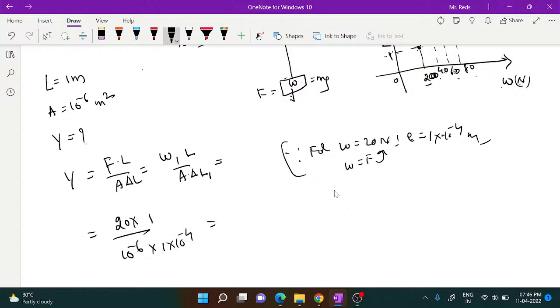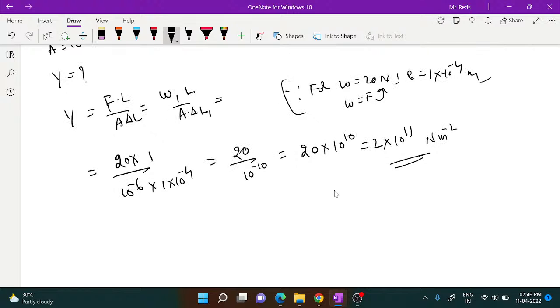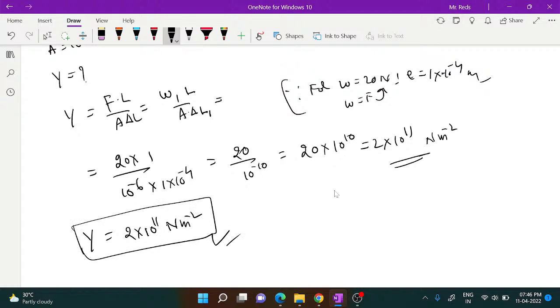This is equal to 20 by 10 power minus 10, which gives 20 into 10 to the power 10, or 2 into 10 to the power 11 Newton per meter square or Pascal. So graph based questions are very important in whatever chapter. Y is equal to 2 into 10 to the power 11 Newton per meter square, which can be expressed in terms of Pascal also.